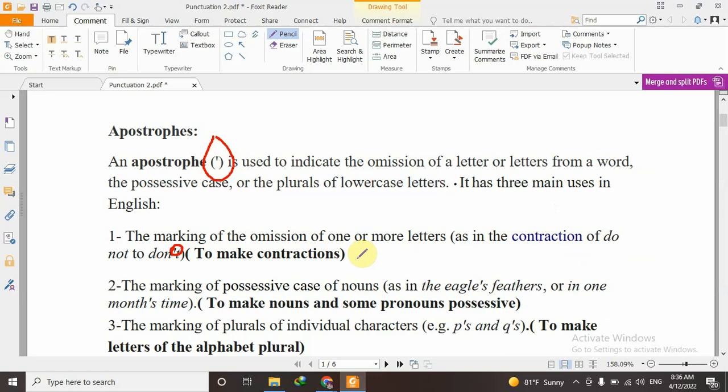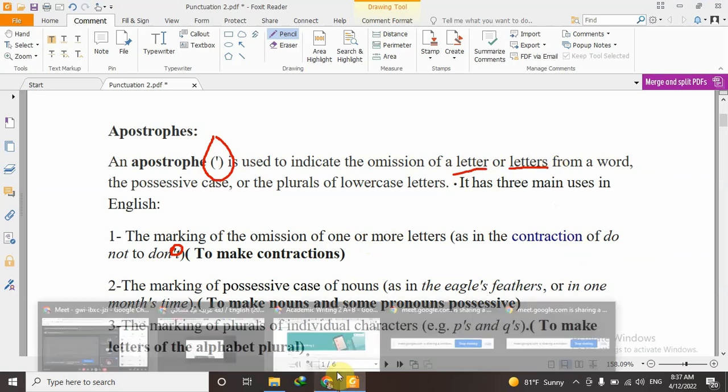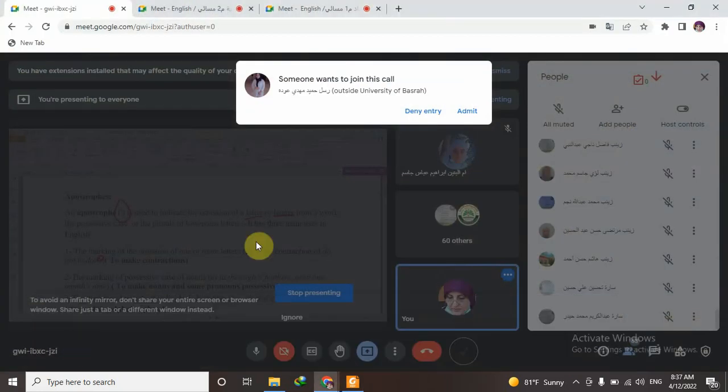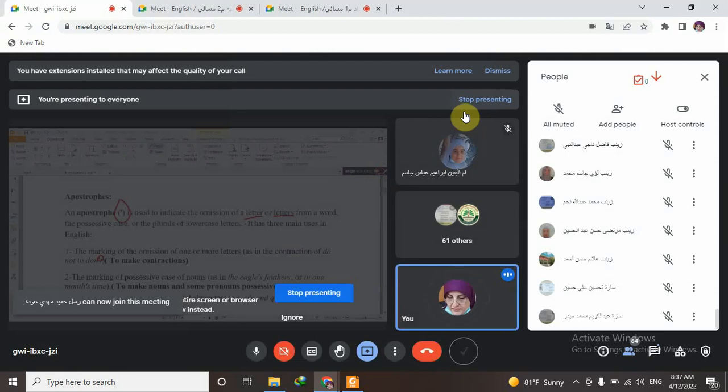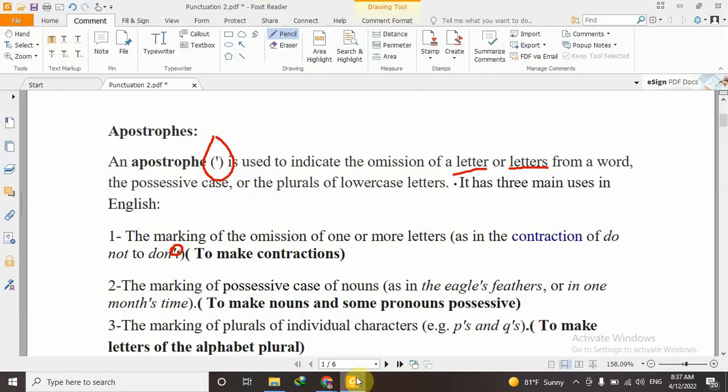For example, doesn't, isn't, aren't, won't. Even within cannot, there is omission of a letter or letters to make the word shorter in form. This is called contractions.